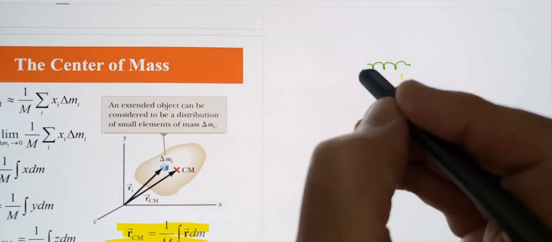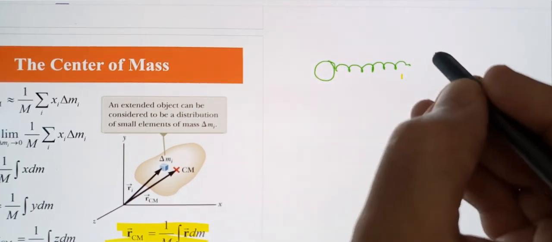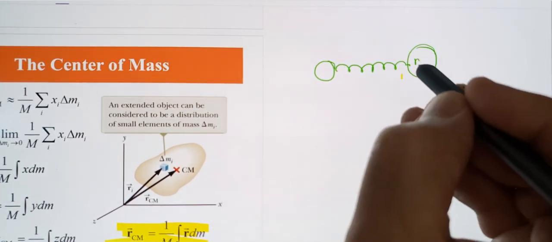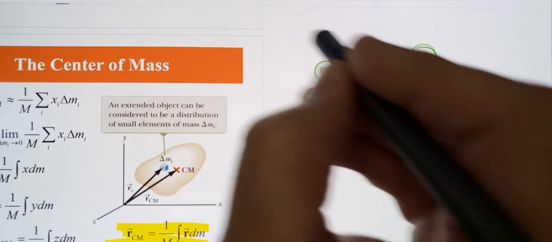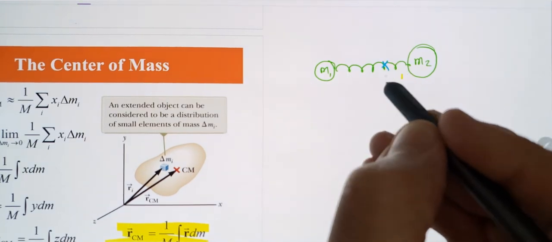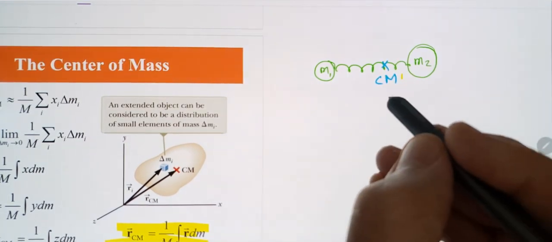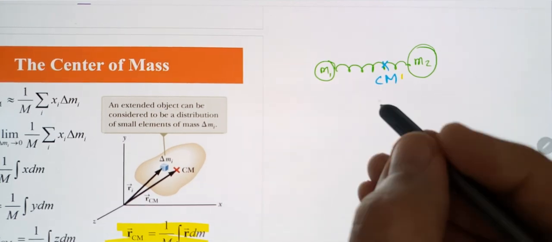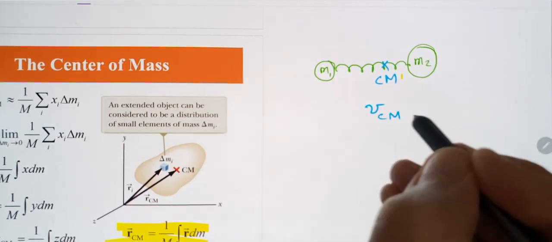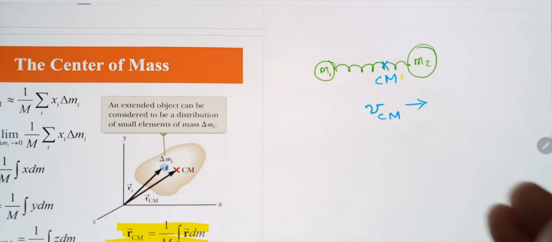We have a spring, mass 2, mass 1, and here is the center of mass. Everything is moving. V center of mass is moving in this direction.